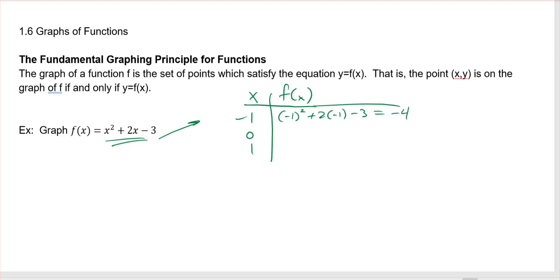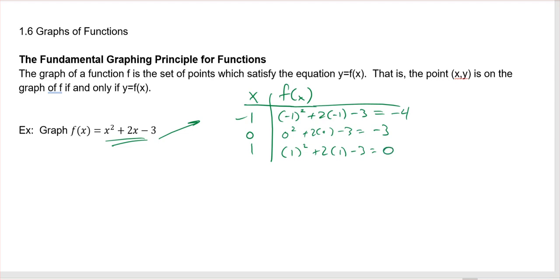For 0, we got 0 squared plus 2 times 0 minus 3, so that's -3. We put a 1 in there, we got 1 squared plus 2 times 1 minus 3, so 1 plus 2 is 3, minus 3 would give us 0.